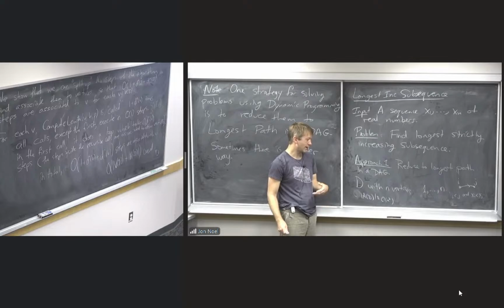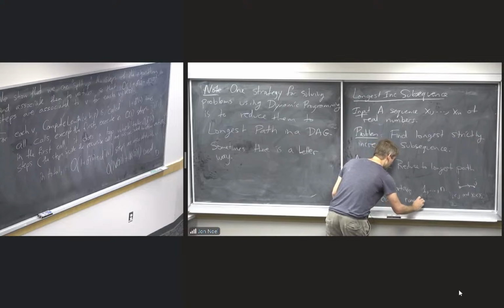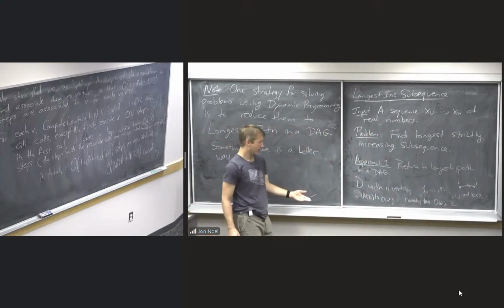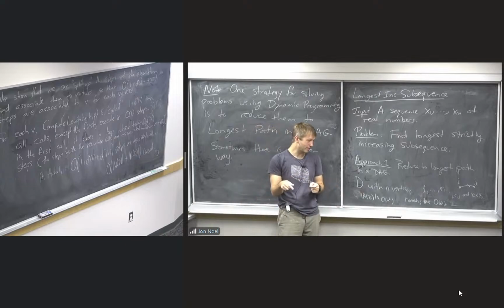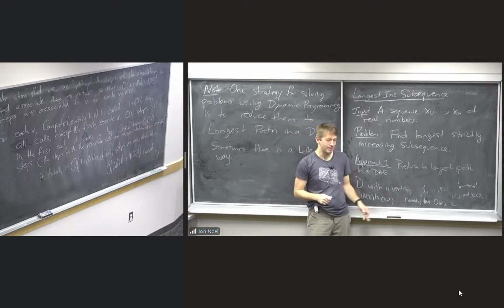So just reducing to the previous algorithm, we get running time big O of n squared, because it's big O of the number of vertices plus the number of arcs. The number of arcs could be n squared. It could be much lower, but I can't really guarantee that. So I claim this works, but it's not the best way.